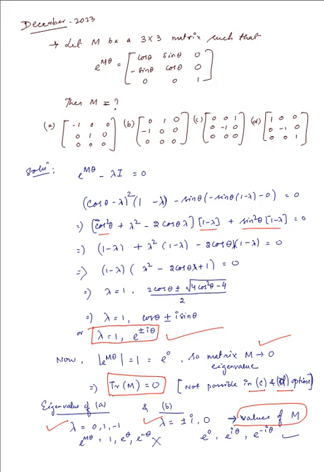Obviously, the first option does not equal the ones that we had obtained over here at the top. So these are matching with this eigenvalue. So option B will be our correct option in this case.